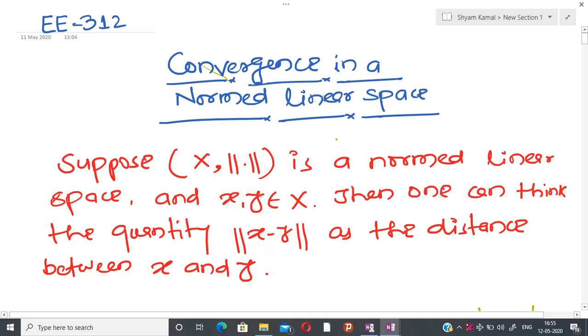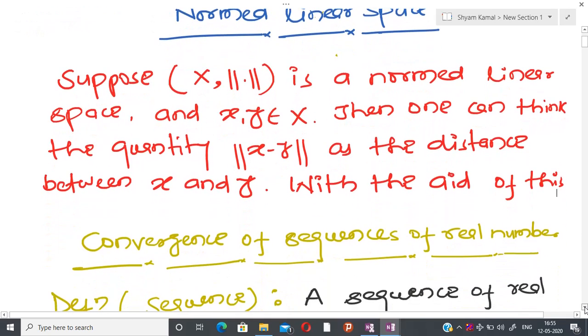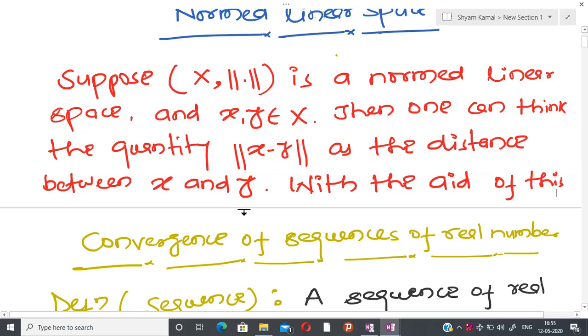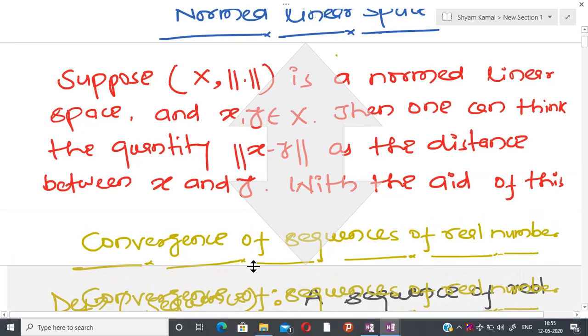And now, with the aid of this, we are going to add the notion of distance.